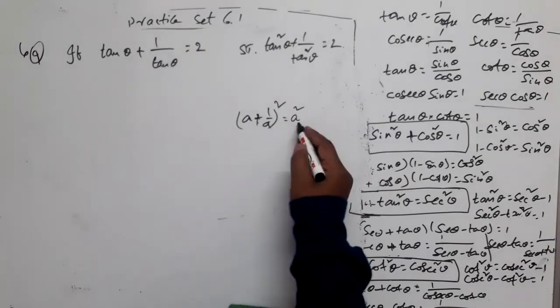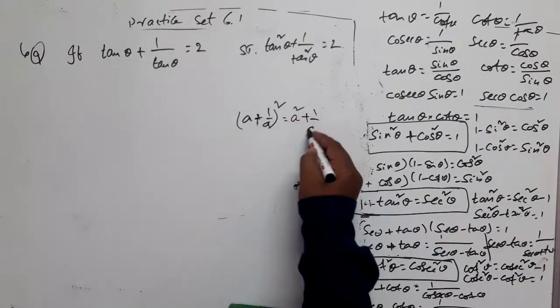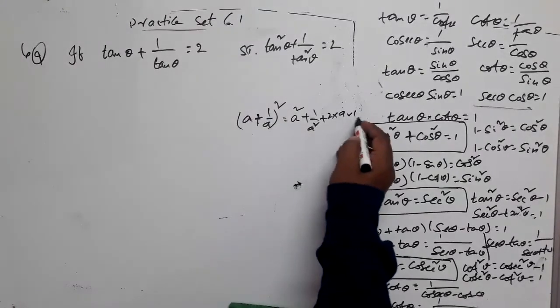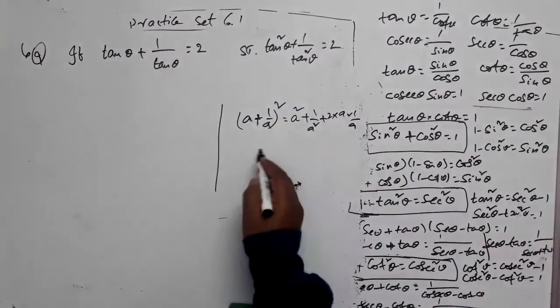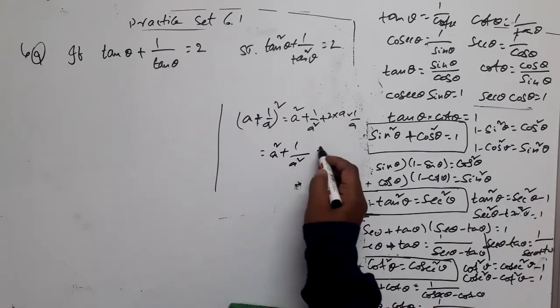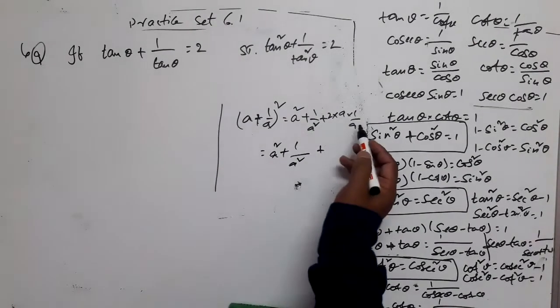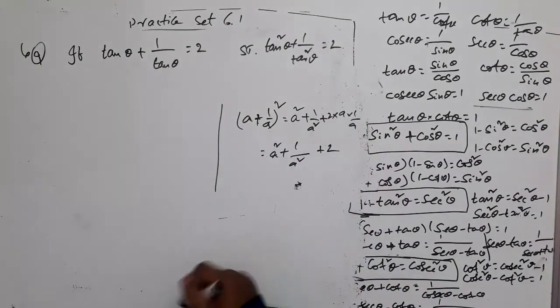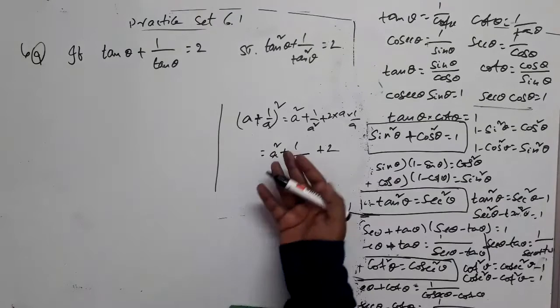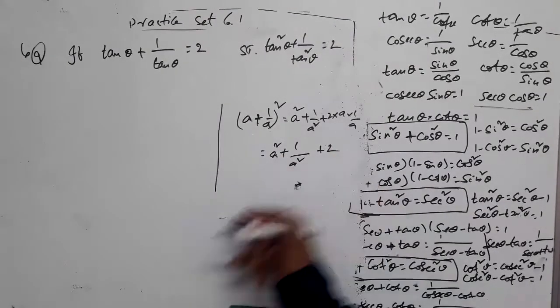So A square plus B square, that is 1 by A square, plus 2 times AB, that is A into 1 by A. Right? So this is A square plus 1 by A square plus 2, as A gets cancelled. So A square and 1 by A square are involved, and of course plus 2 will be there.